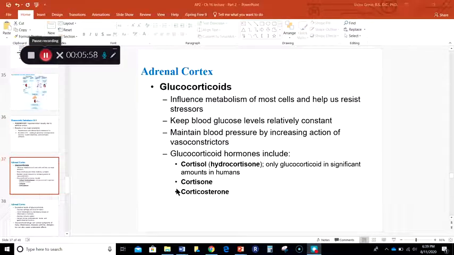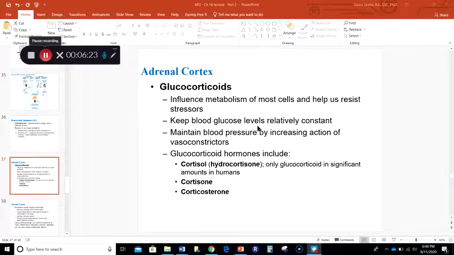The adrenal cortex also produces and releases a second category of hormones called glucocorticoids. The main one we're going to be concerned with is cortisol. Cortisol will help the body respond to stress.